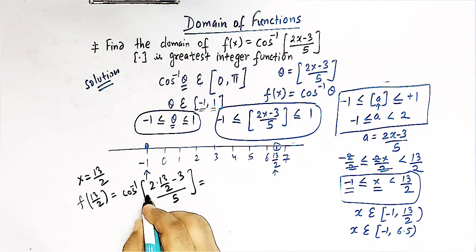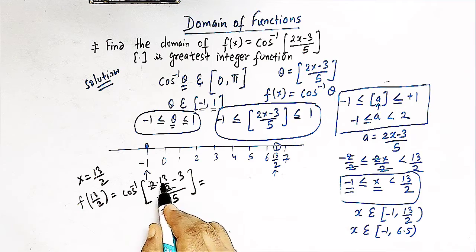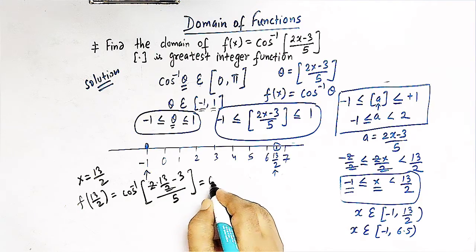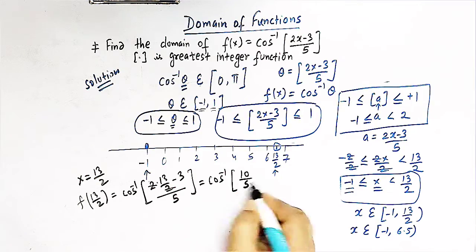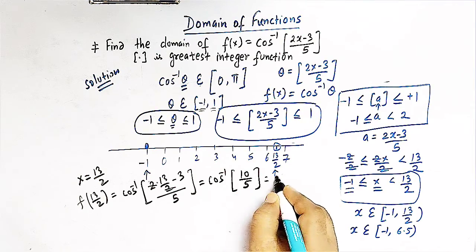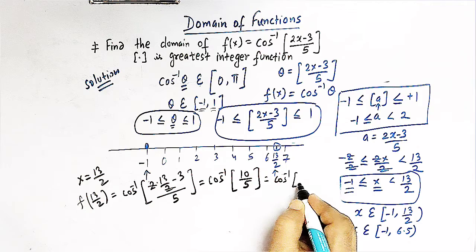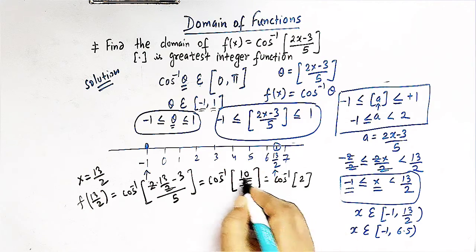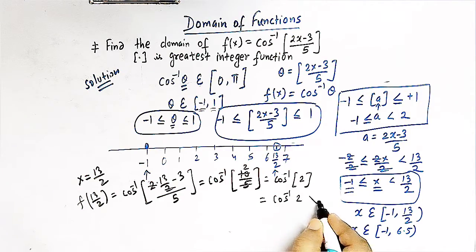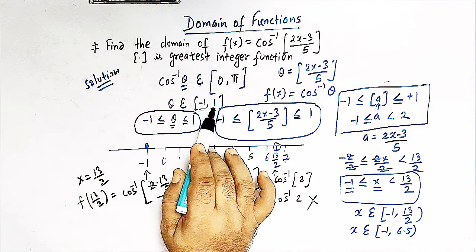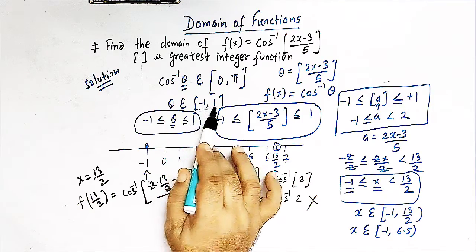So we can see that 2 and 2 get cancelled, and 13 minus 3 is 10, and we have 10 over 5, that is cos inverse greatest integer of 2, and greatest integer of 2 is 2, and we can see that 2 is not included in this interval.